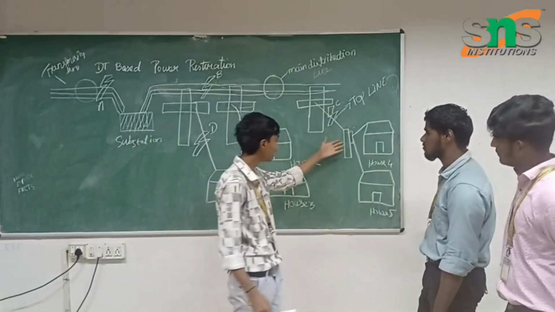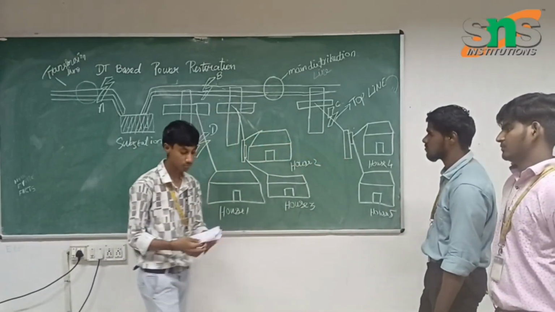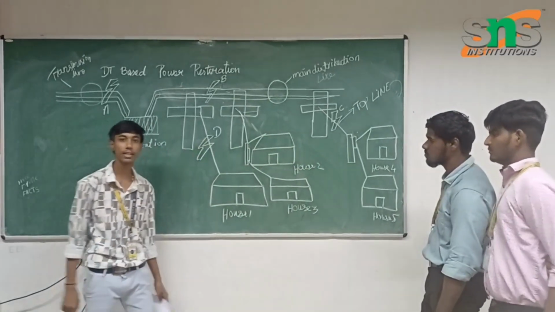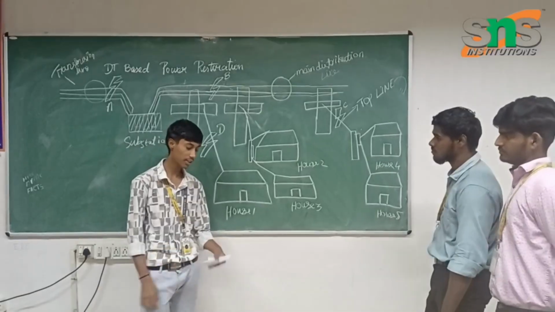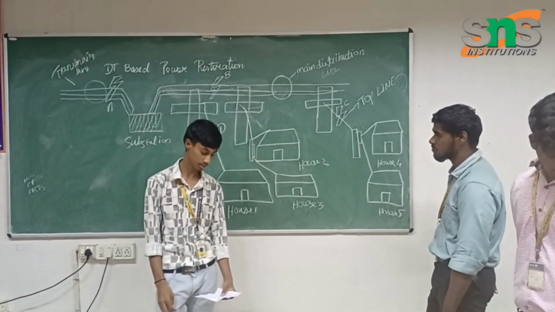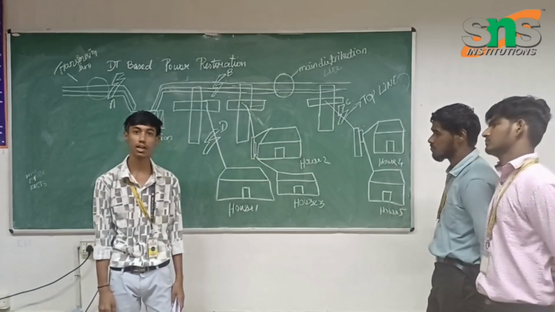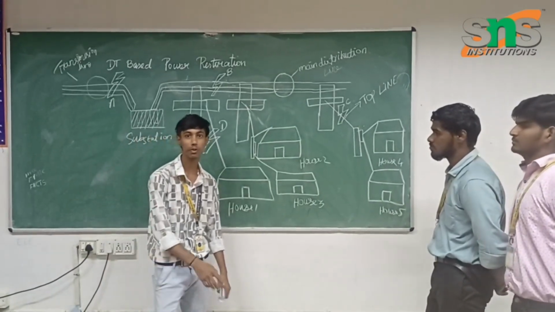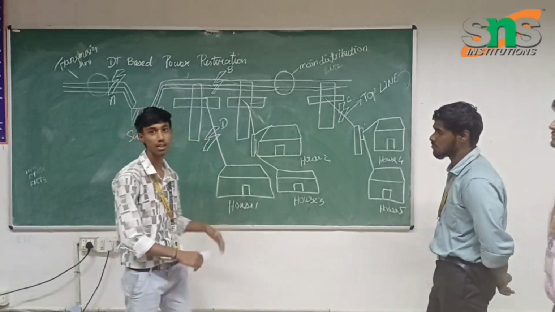This is a 3-phase line, and now I am explaining the flow chart of power. Electric generation produces high voltage, which is stepped up for transmission and stepped down for the consumers using the power supplies.